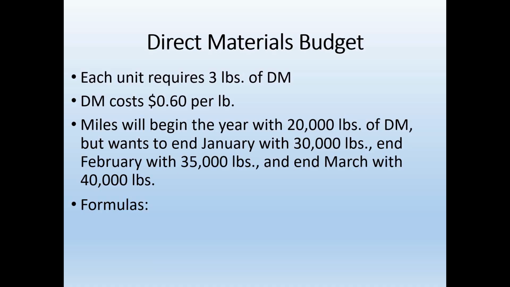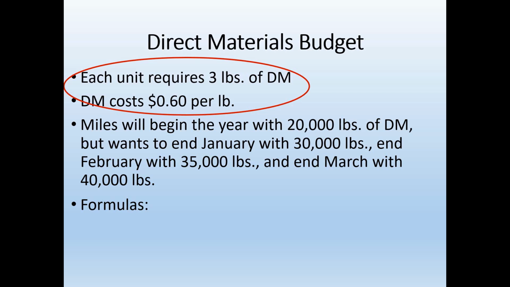In order to make these units, the firm needs its three factors of production: materials, labor, and overhead. So we need budgets for each of these factors. In order to make a direct materials budget, we need to know what goes into this firm's product.